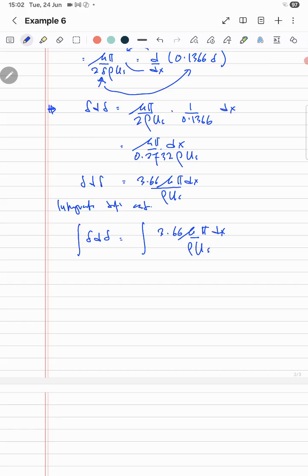Okay, so from here we get δ² over 2 equal to 3.66 μπ x over ρU∞.